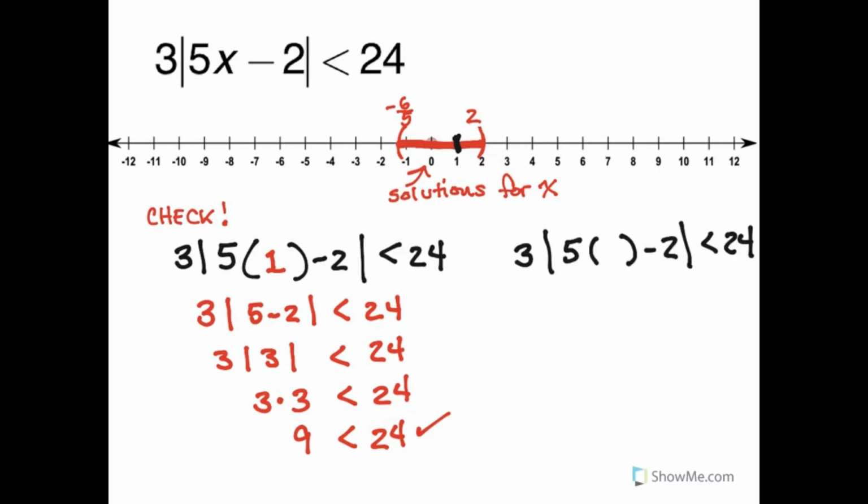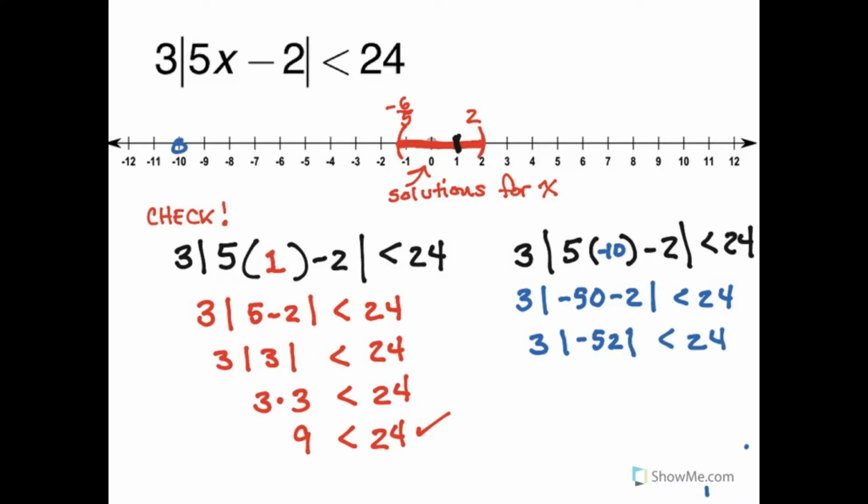Let's try a number outside the interval. How about negative 10? Well, I put negative 10 in for x, and then I have 3 times the absolute value of negative 50 minus 2 is less than 24. So 3 times the absolute value of negative 52 is less than 24.